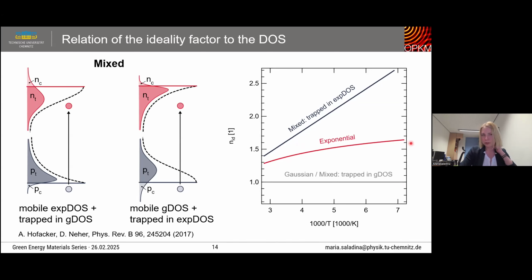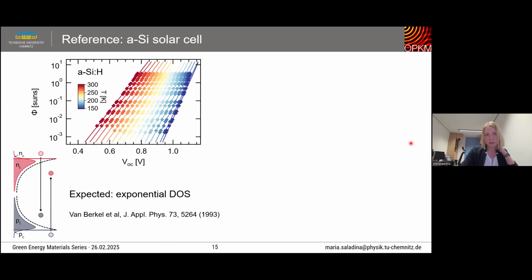Right, so we decided to test this model first before applying it to organics. And our reference was amorphous silicon. It's a well-studied system, and from previous publications we expect an exponential density of states. So what we did, we measured many light-intensity JV curves and extracted VOC data from 300 down to 150 Kelvin as a function of light intensity.